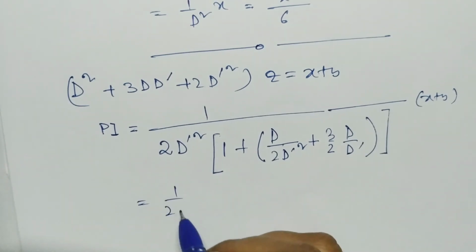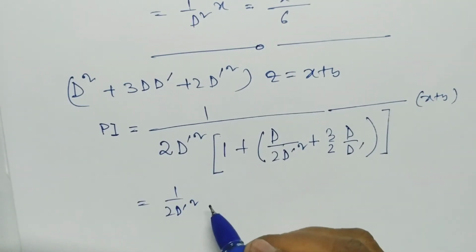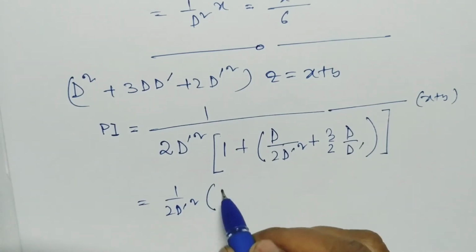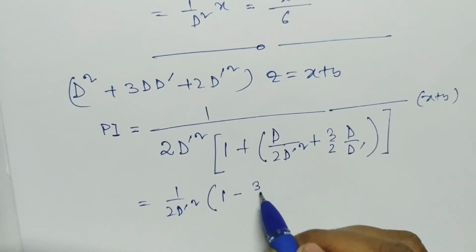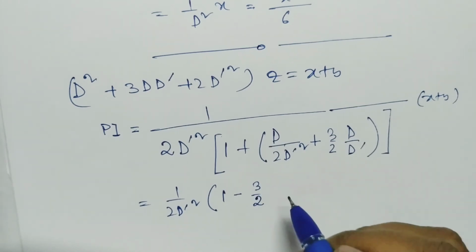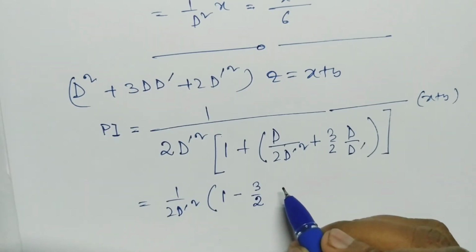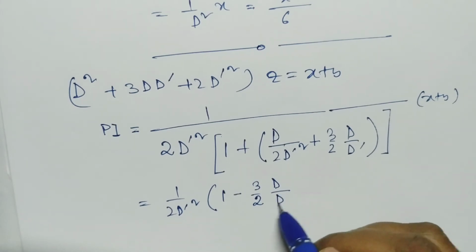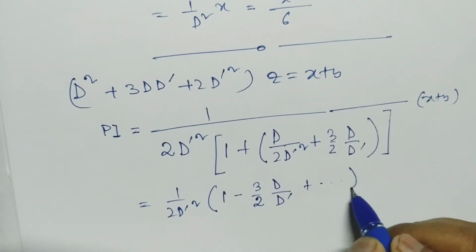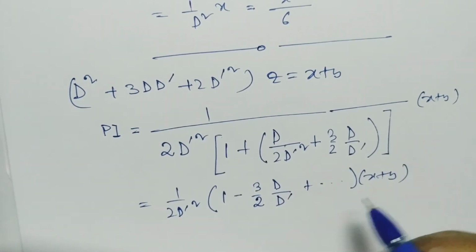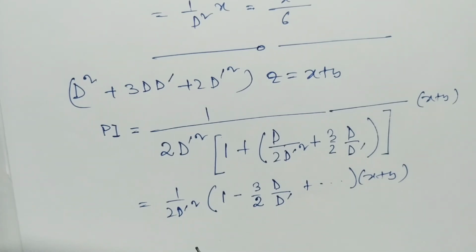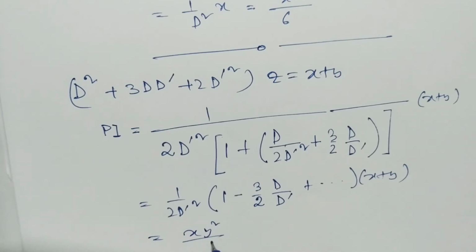So 1 over 2D dashed square, and breaking the other part, 1 minus 3 by 2 D over D dashed, etc., operating on x plus y. If you take the first part and then integrate, it's like x y square over 4 minus y cube over 24.